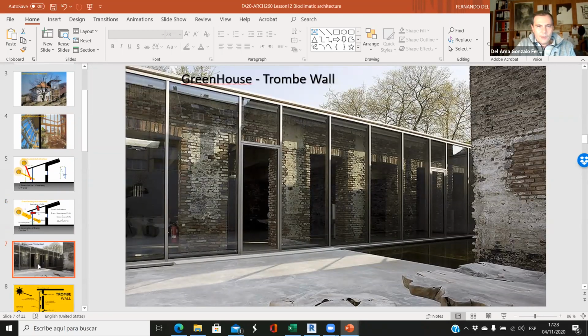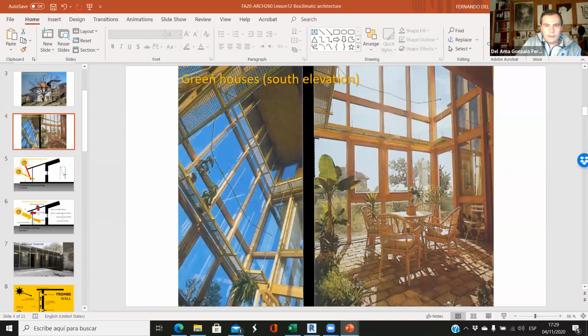There's a limit between the greenhouse and the Trombe wall. Here, what do we have? We have a glass attached to this wall here. We have a thick wall made of brick, and we have this gallery. A greenhouse is a place in which you can stay and you can place a table and 4 chairs, and you can have a breakfast or a lunch here.